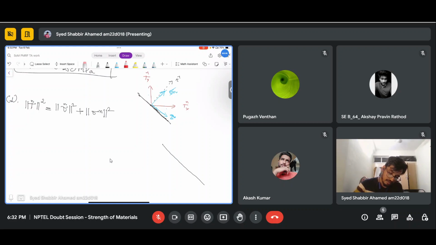I'll just draw this same diagram. So the resultant of Tx and Ty, let's say this is the normal vector. The resultant of Tx and Ty is acting like this, and which is our stress vector, Tn stress vector.